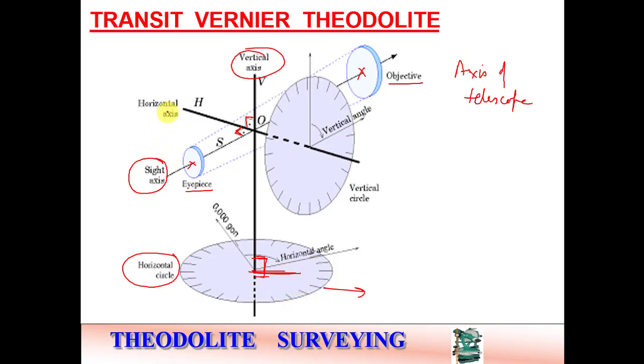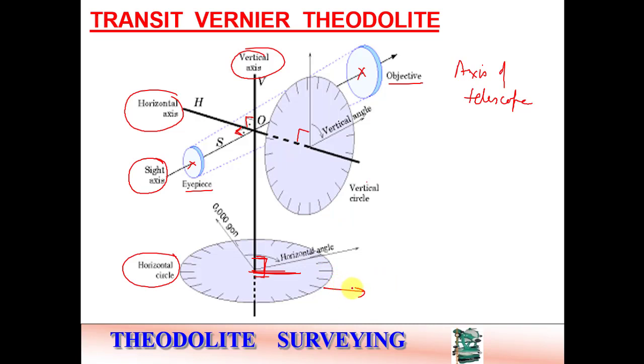And what about the horizontal axis? Horizontal axis is the line passing through the center of your vertical circle, and this line is perpendicular to the vertical circle. So these are the two different circles. Please note these two different circles, because in these circles we are going to find our angles.